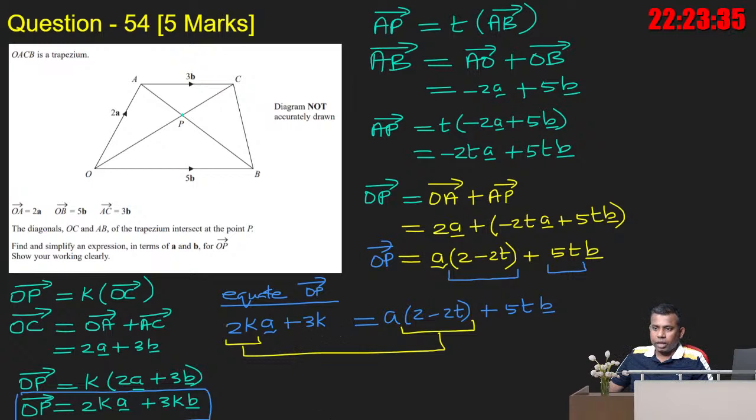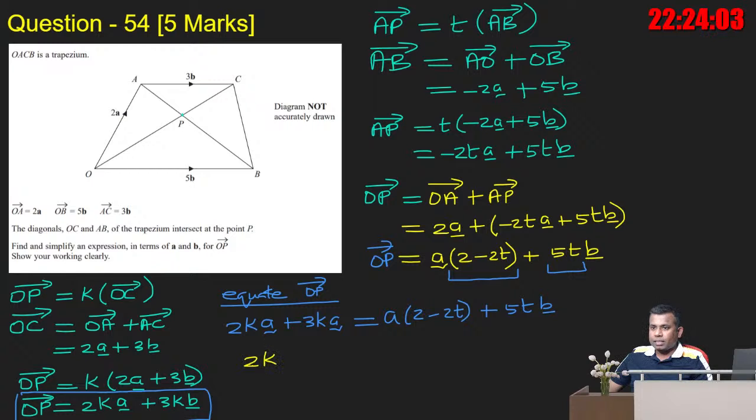This is not 3k A, this is 3k B. So the vector components are in a specific ratio, right?